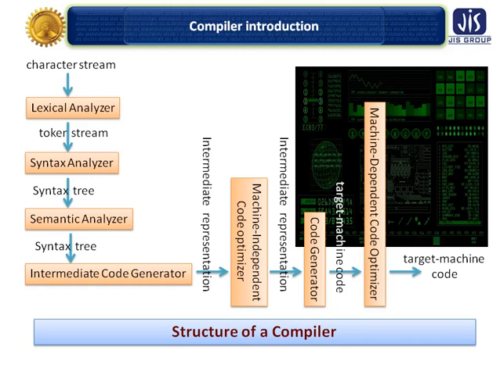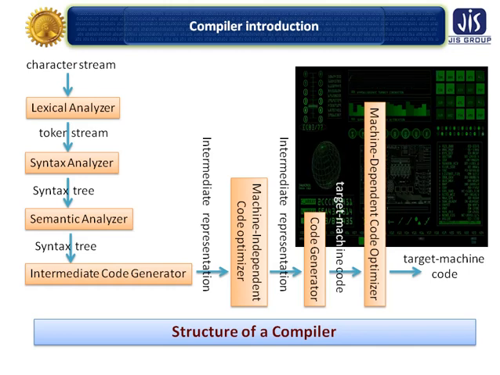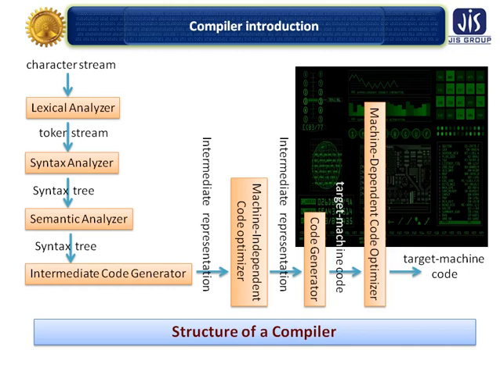What does the analysis part do? The analysis part breaks up the source program into essential pieces and imposes a grammatical structure on them. It then uses this structure to create an intermediate representation of the source program.